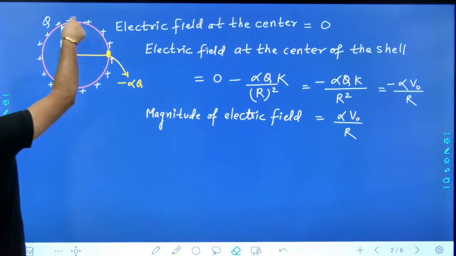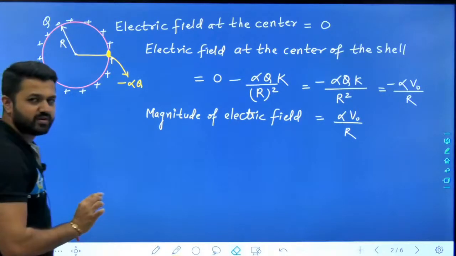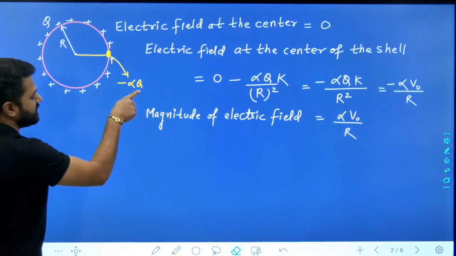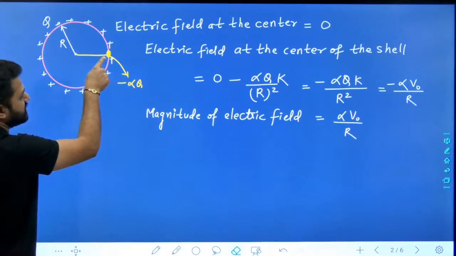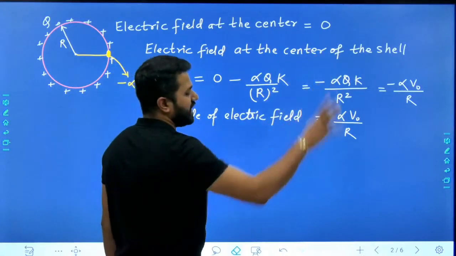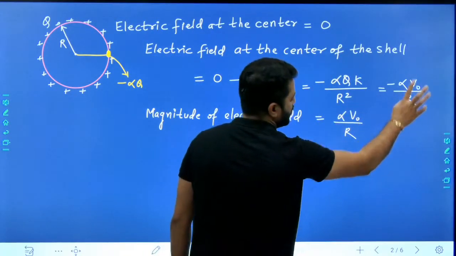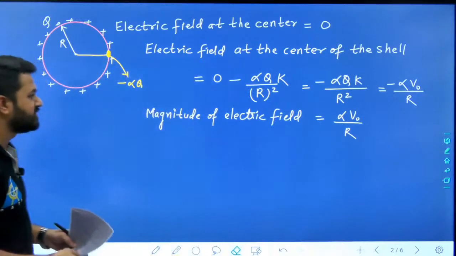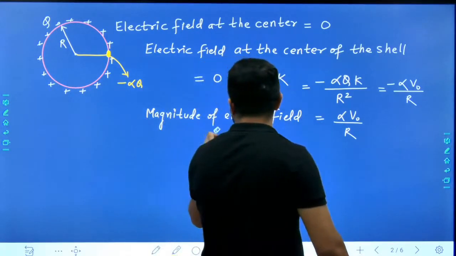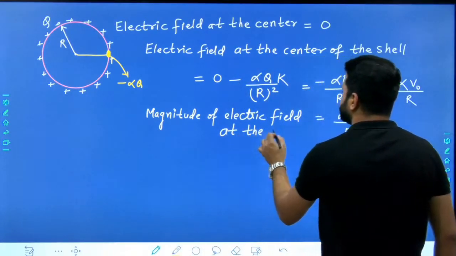Because of the charge distributed on the sphere, the electric field at the center is 0, and there is another point charge we have considered, that is minus alpha q. So because of this minus alpha q, the electric field at the center will be minus k q by r square, that is minus alpha V naught by r, and in the option if you see, it is written the magnitude of electric field at the center.